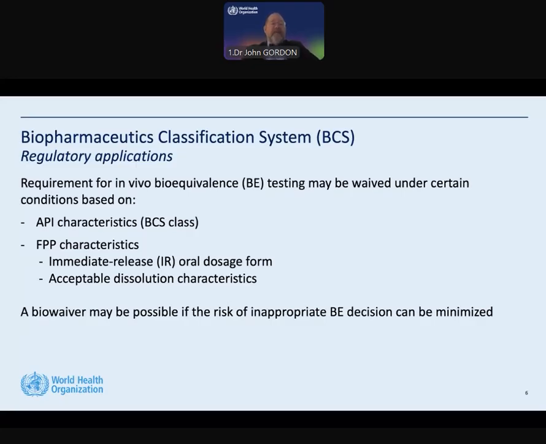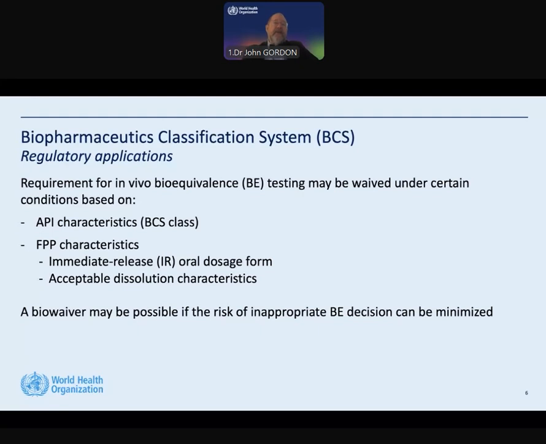Requirements for in vivo BE testing, or bioequivalence testing, can be waived perhaps under certain conditions based on a combination of things. The combination of the API characteristics, that is the BCS class of the API, but also considering the FPP characteristics. First of all, is it an immediate release dosage form or is it a more complicated dosage form? Whether a waiver can be granted depends on these things. A BCS-based biowaiver requires that the dosage form under consideration be an immediate release oral dosage form.